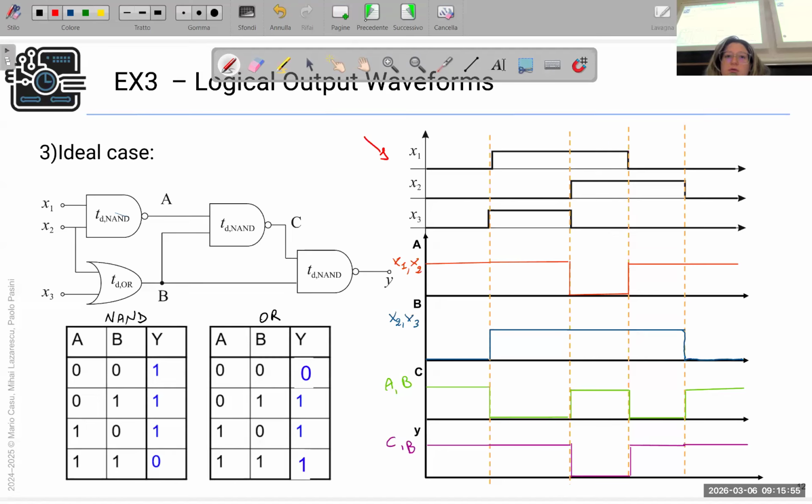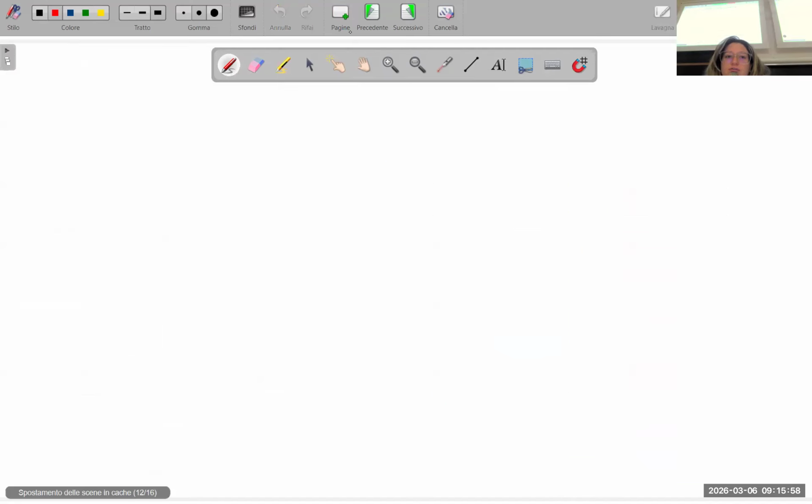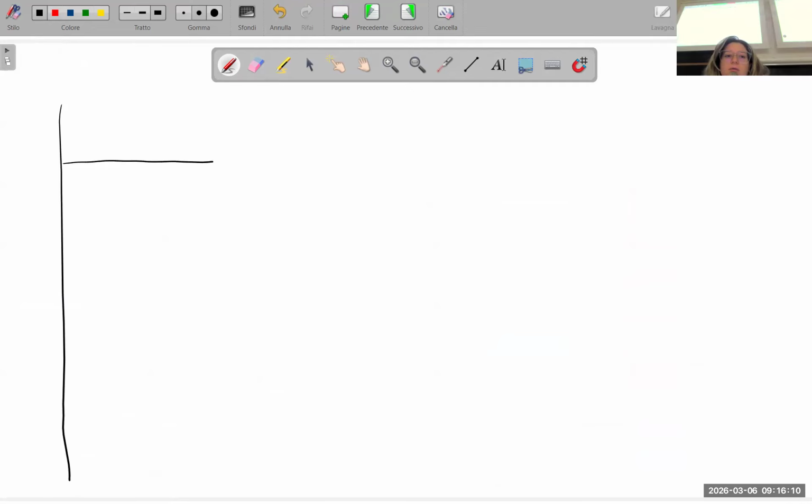So let's put another page. Perfect. I apologize for my drawing, but I will do my best.